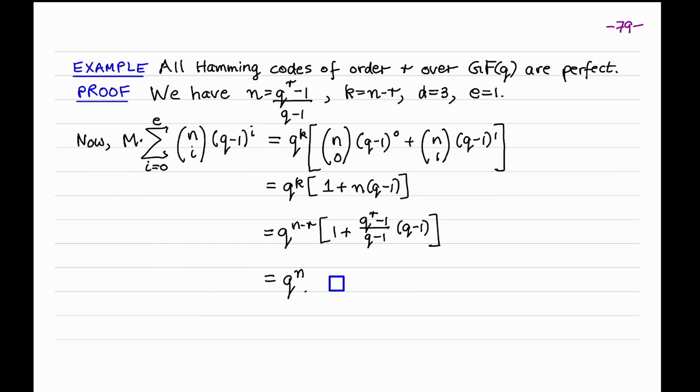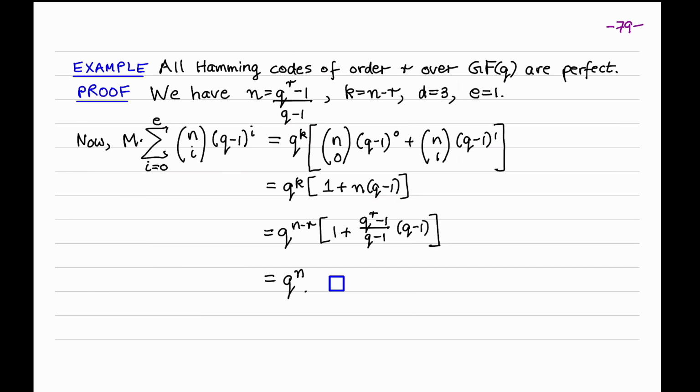Let's evaluate the left-hand side of the sphere packing bound. The number of code words M is q to the k. E is 1, so the summation has two terms, n choose 0 times (q minus 1) to the 0, and n choose 1 times (q minus 1). The two terms simplify to 1 plus n times (q minus 1).